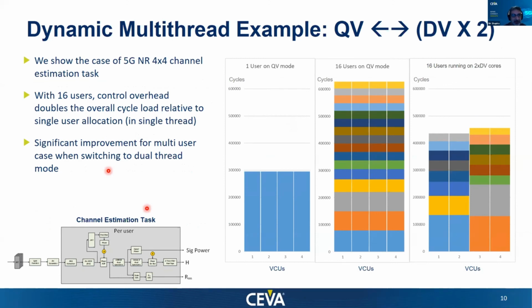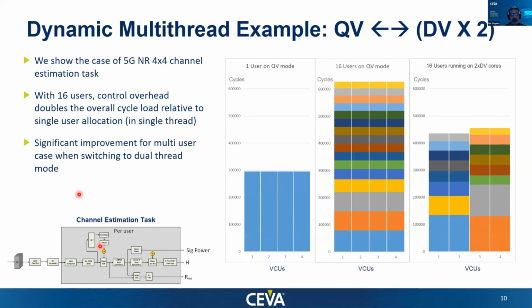As you can glimpse, channel estimation is comprised of many subtasks, which means there's a lot of control code involved, even with this very math-intensive routine that is very basic for 5G systems.